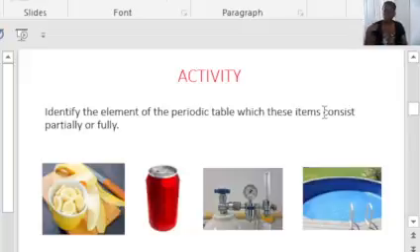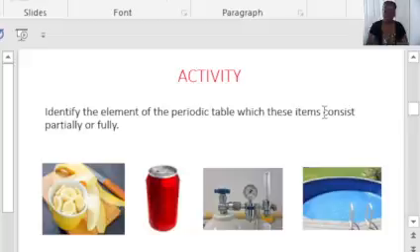If you're really thinking about it, not on the surface level, you will be quick to pick up which element is depicted in each of these pictures. So you can just pause it, and then go ahead to answer the question.